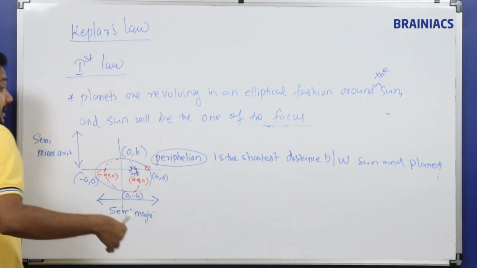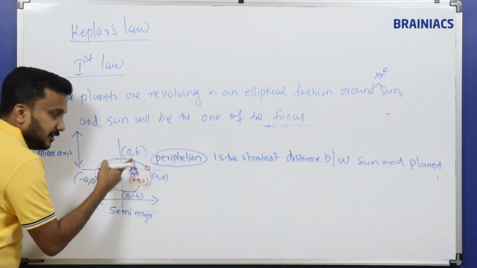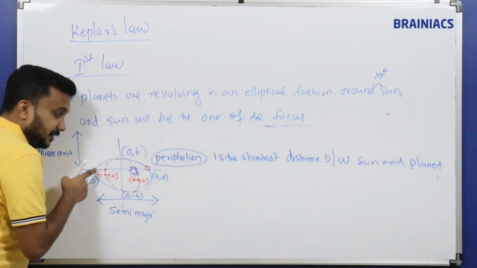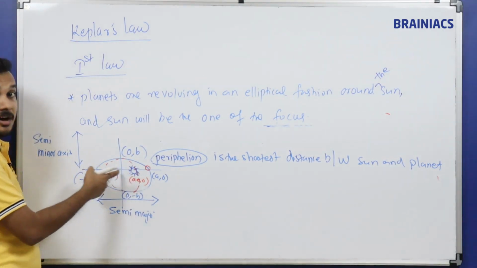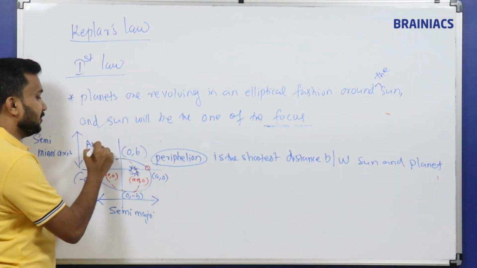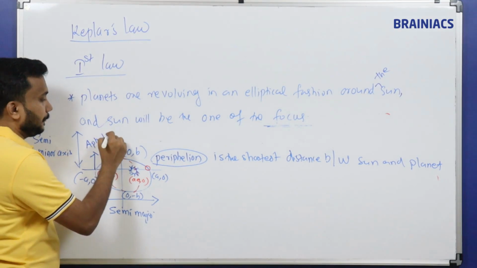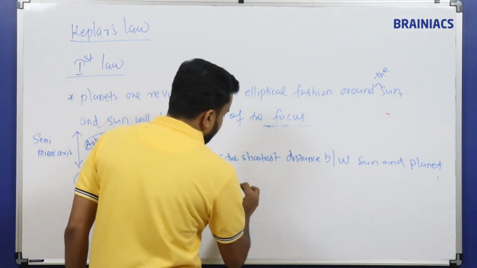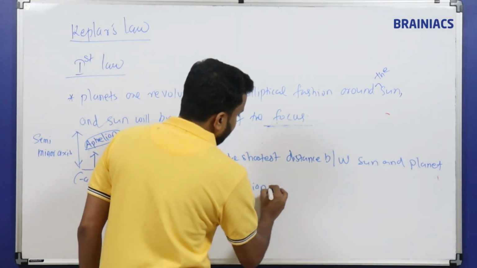Next, as I told, the planet is coming here, and it will reach here. And this is the farthest point. The opposite of perihelion is called aphelion. So I am writing the next word, aphelion.